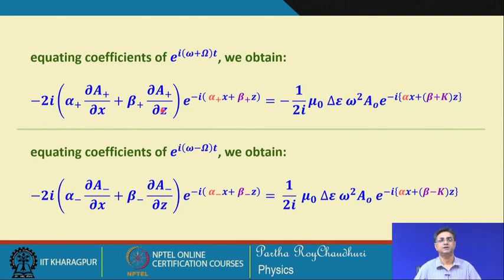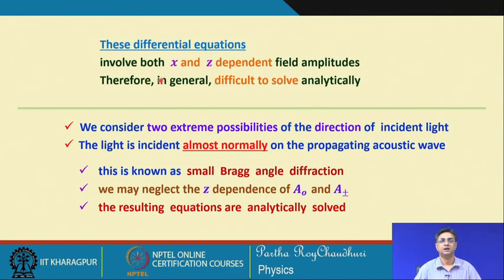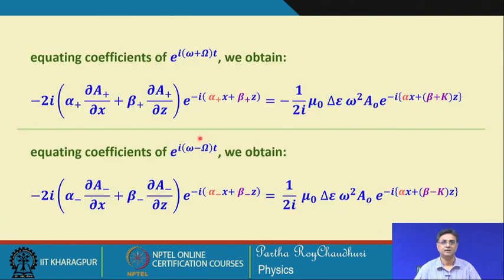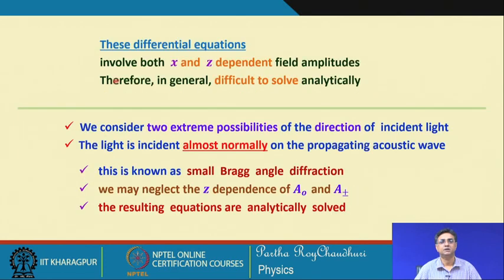you see these differential equations are actually not very simple to solve, because both the equations involve x and z dependent field amplitudes, and in general analytically it is really difficult to solve this. So, therefore, we need to make some approximation, so that we can have a feel of how this coupling is taking place.